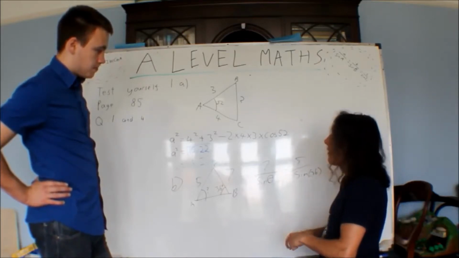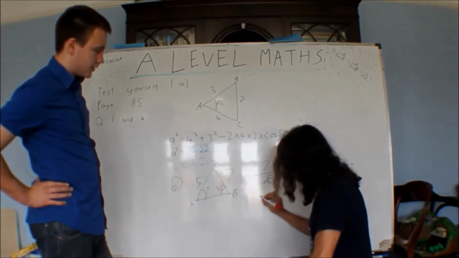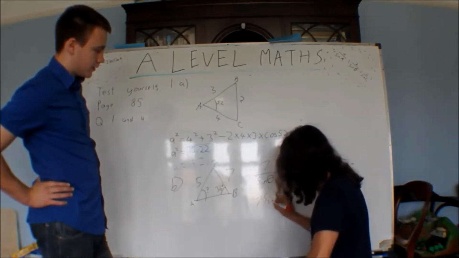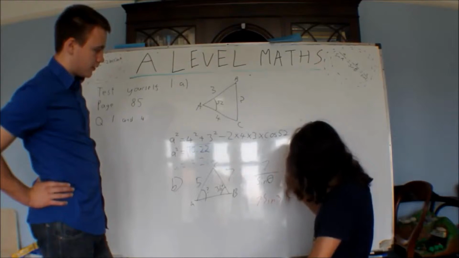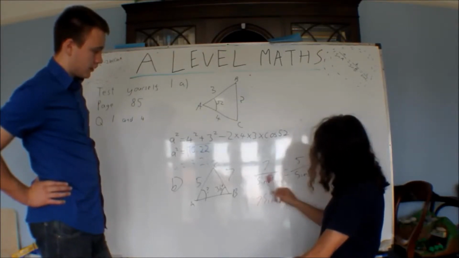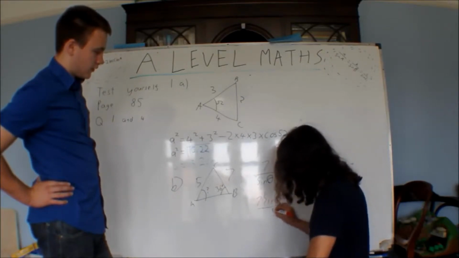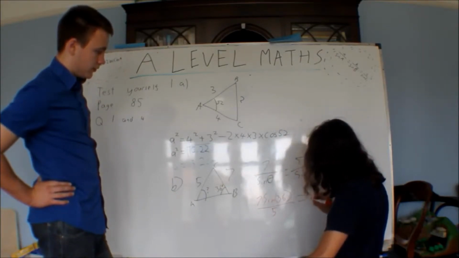So, I'm trying to picture it. Okay. If we have 7 sine 36, move that over there, and you move the 5 under, so 7 sine 36 over 5 equals sine theta.